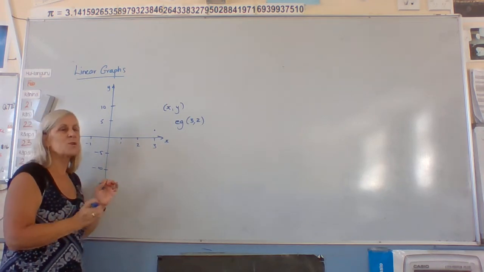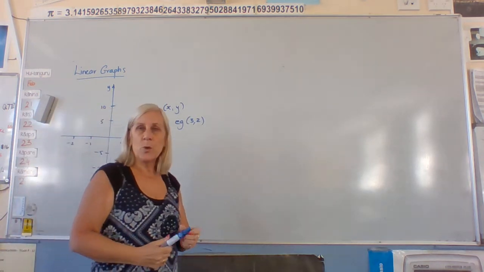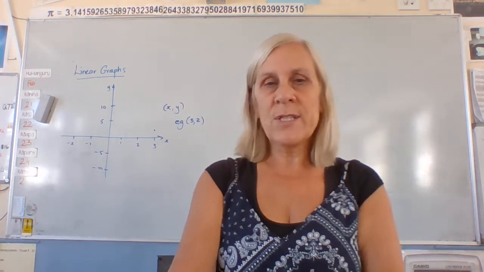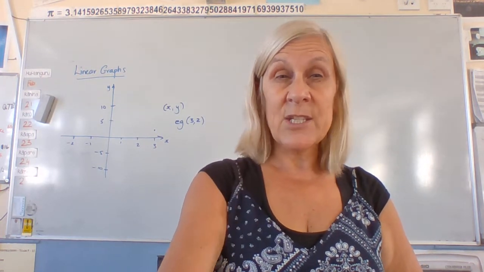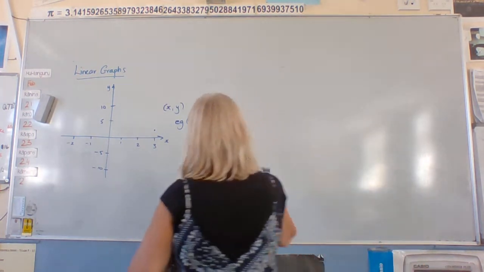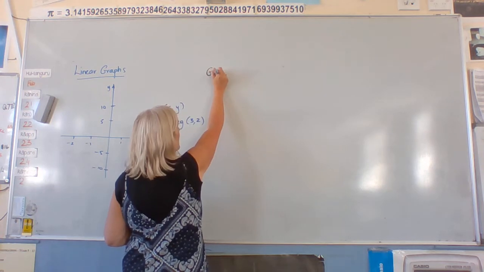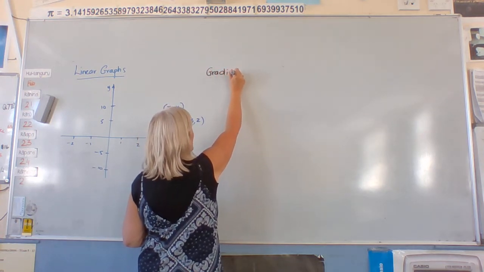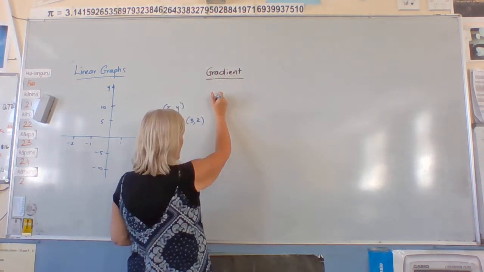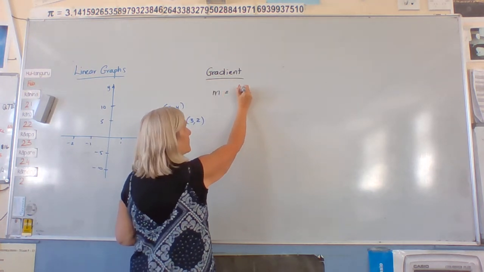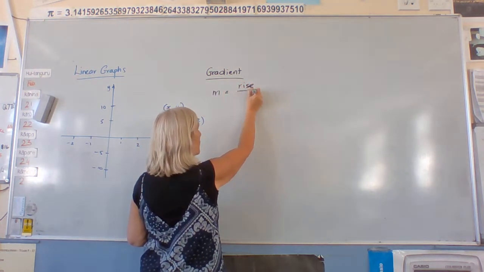Now this is very confusing in this particular standard because we change from longs and ups for coordinates into gradients. So our next step is to look at gradients. And for a gradient, we use many different things. We call it M, and it can be rise over run.